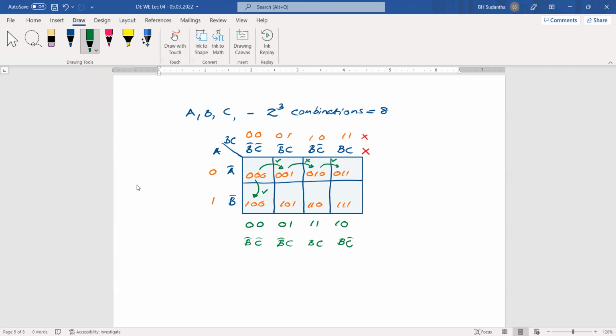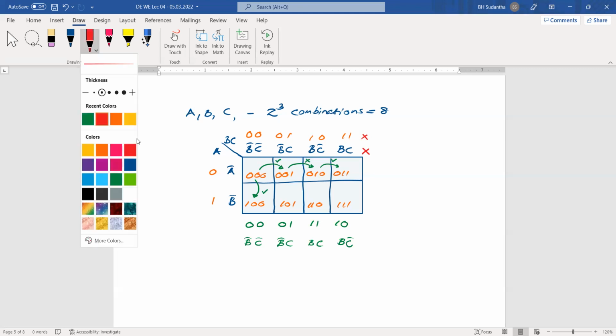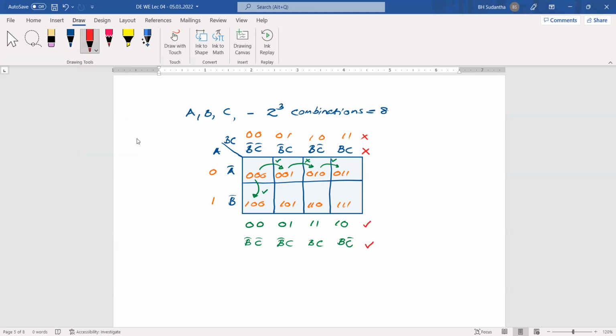That is correct. Okay. Then this is the correct way to do this. Then we can draw the correct map for 3 variables here.